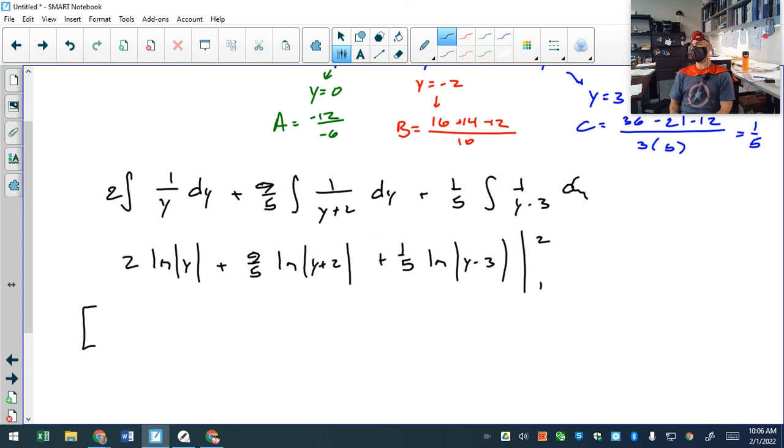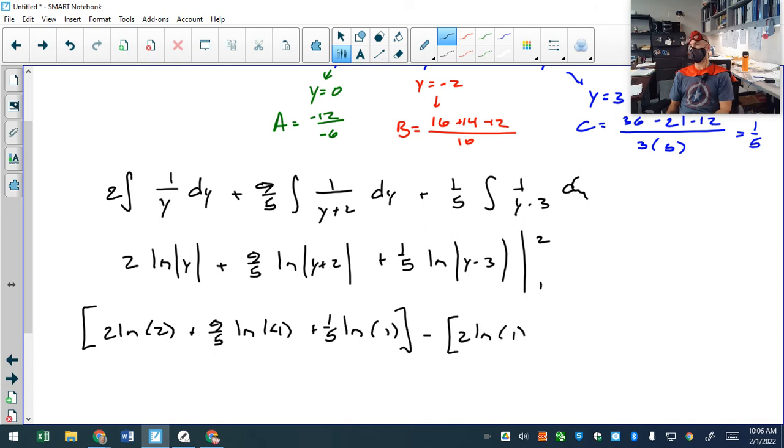So when I plug in 2, I'll have 2 natural log of 2 plus 9/5 natural log of 4 plus 1/5 natural log of 2 minus 3 is -1, but we're taking the absolute value of that. Minus plug in 1, 2 natural log 1 plus 9/5 natural log of 3 plus 1/5 natural log of 2.